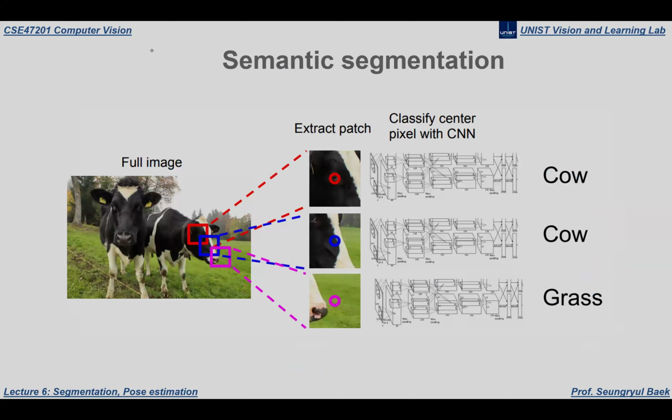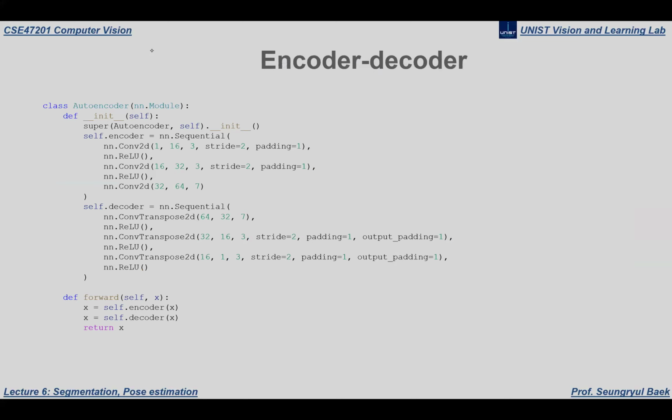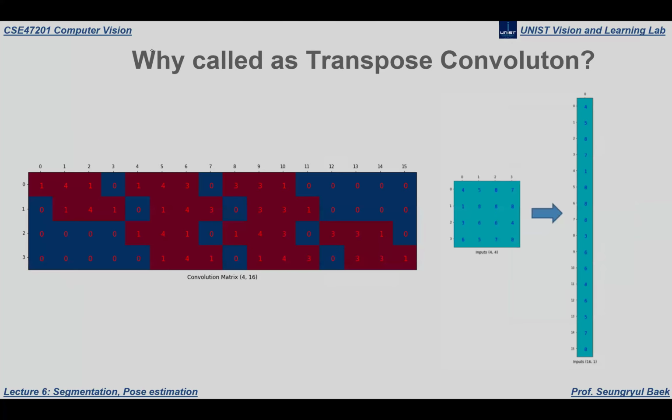So in the last lecture, we learned how to implement the semantic segmentation network and also the pose estimation network using the CNN architecture. The core of the architecture proposed to solve semantic segmentation is the transpose convolution operation, which does the opposite operation to the convolution operation.